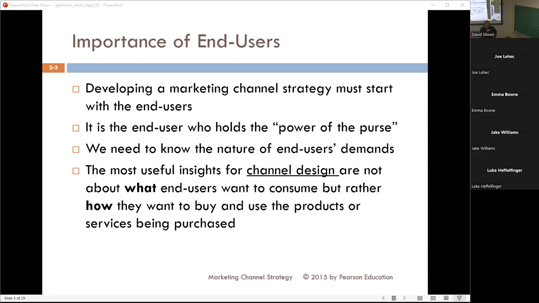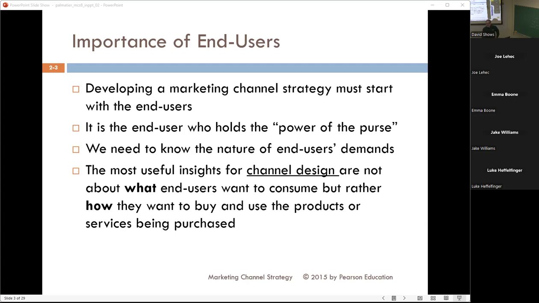If we look to how we sell the offerings, we will be able to understand how best to serve them, which means that as marketers and in marketing channels, we do not consider ourselves on the supply side, but we look at the demand side.